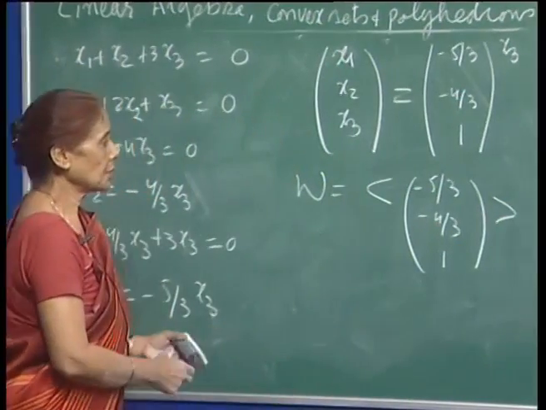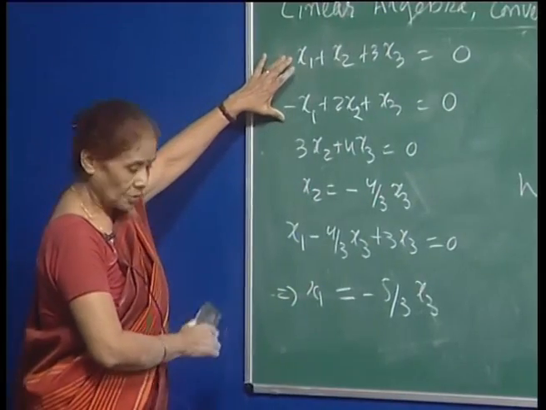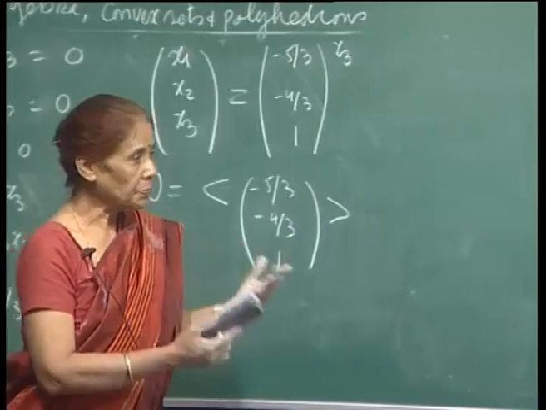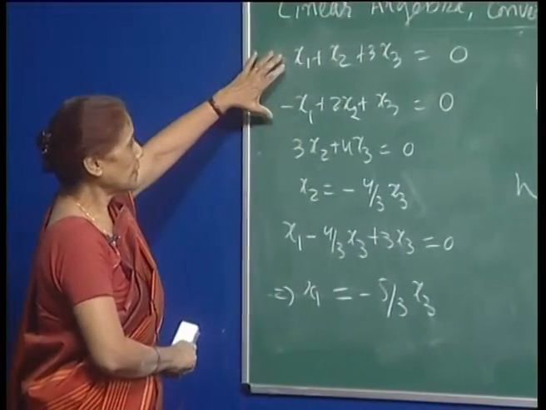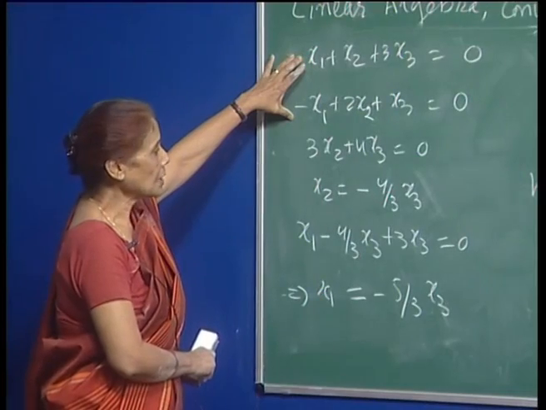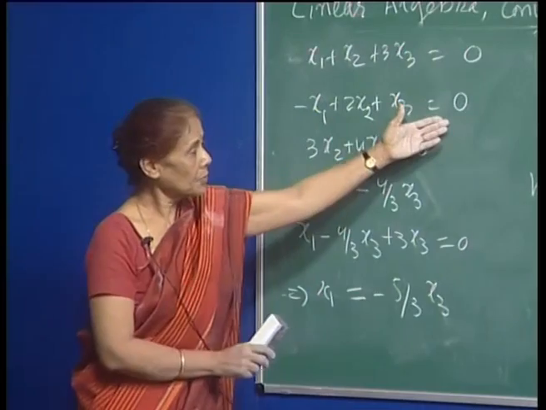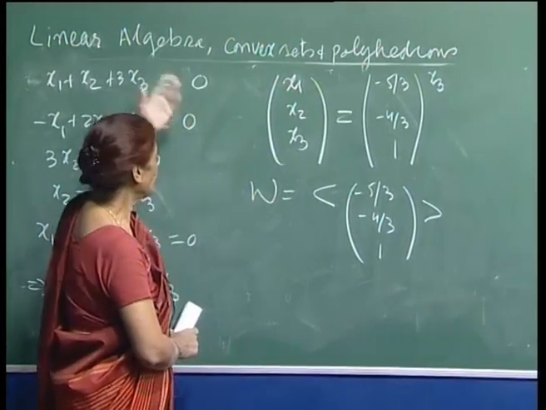You already know that if you have a system of equations, the solution space is a vector space. If x1, x2, x3 is a solution and y1, y2, y3 is a solution, then the sum will also be a solution. Any scalar multiple of a solution vector will also be a solution.